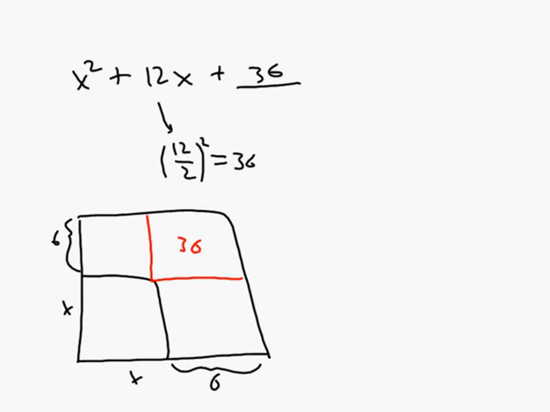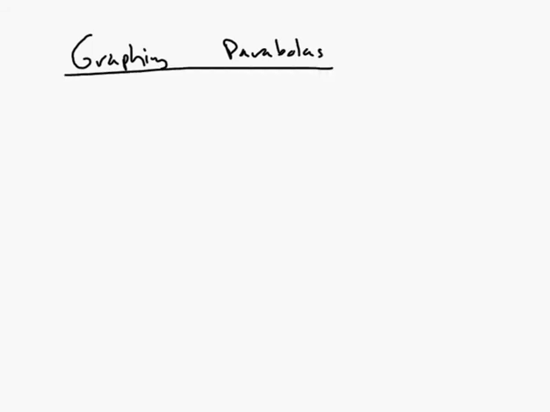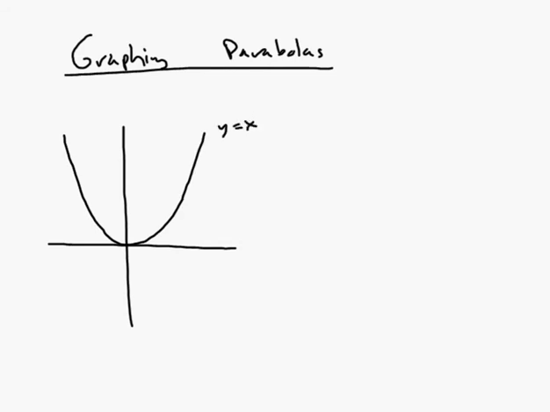All right, so let's switch gears a little bit. Let's talk about graphing parabolas. And my claim is this, that every parabola you've ever graphed, ever, is really just this parabola, y equals x squared, but shifted left or shifted right, moved up or down.